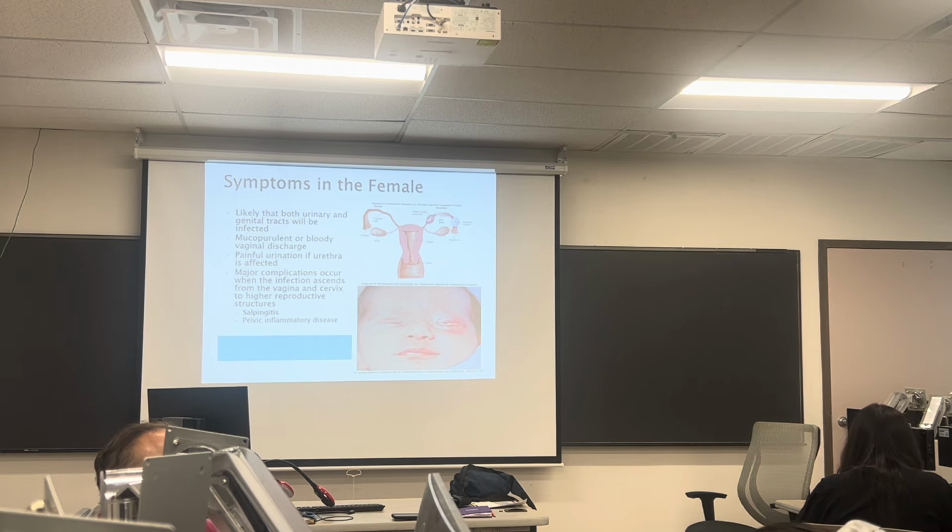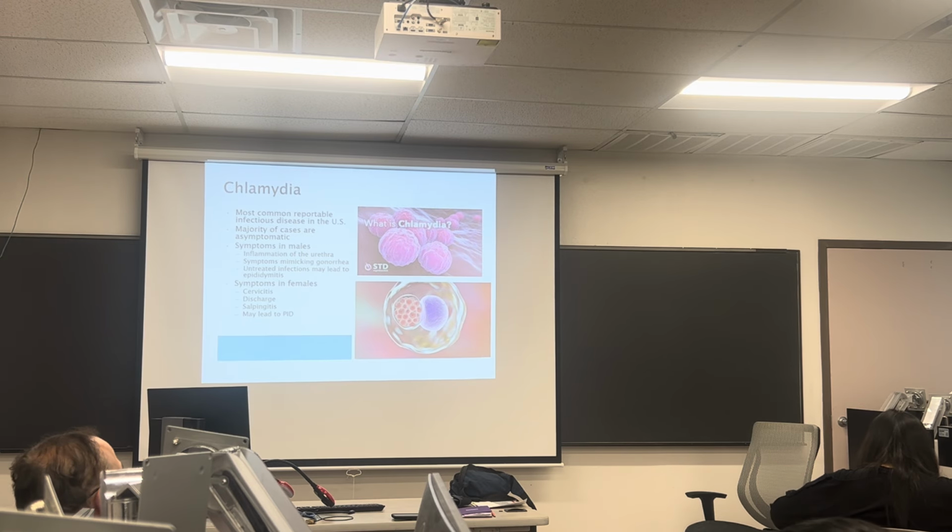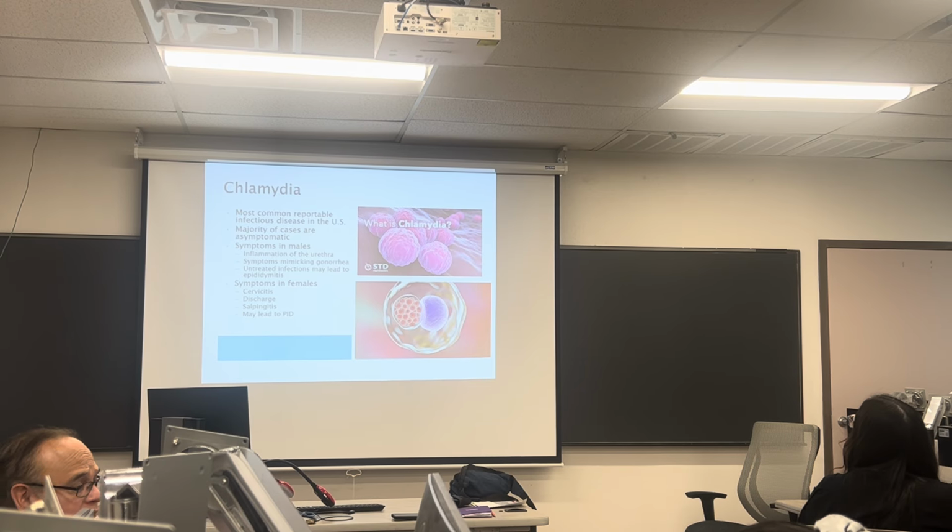But there's not much we can do for herpes. We can do things for the bacteria, but for the viruses, it's just not possible. Right? And so it's important to think about this. This is an infection of the baby by gonorrhea, which can lead to all kinds of problems, including blindness.